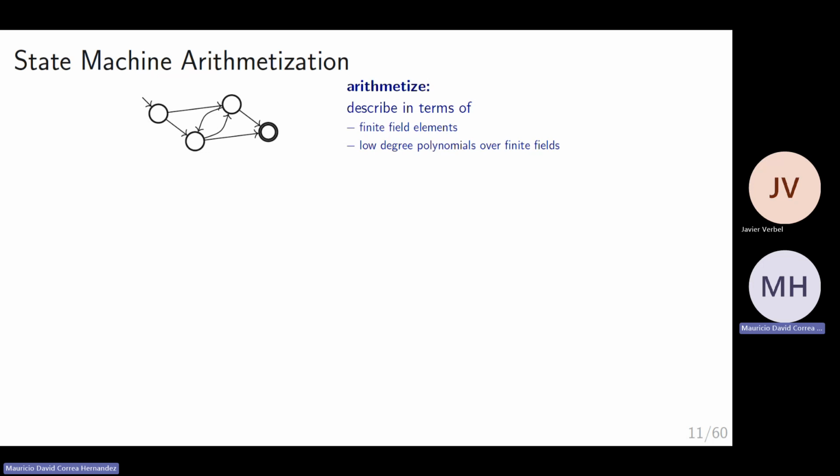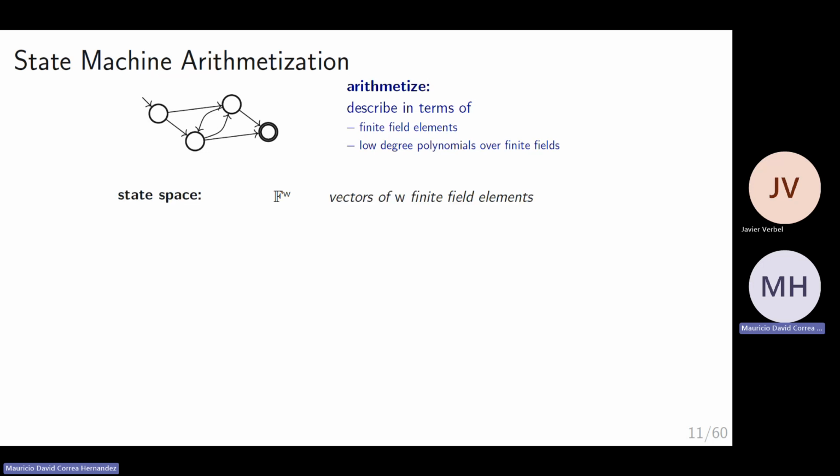But on the other hand, you also need a large field at some point if you want to use that field for soundness. And the polynomials that arise in your arithmetization should be of reasonably low degree. But obviously that degree has to be larger than 1 because you really cannot do much with linear polynomials.